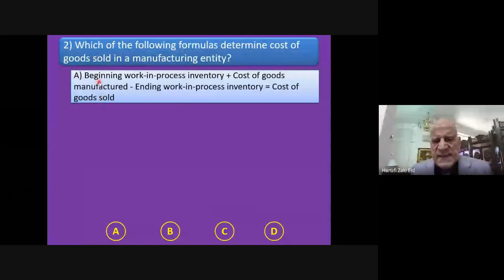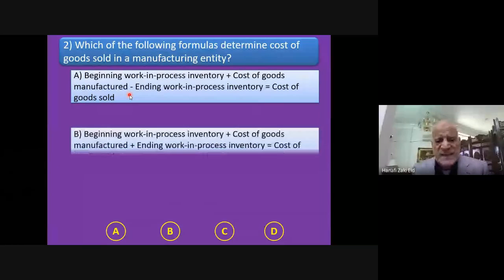Beginning work in process plus cost of goods manufactured minus ending work in process equals cost of goods sold? Of course not. Because this formula is concerned with calculating cost of goods completed, cost of finished goods, not cost of goods sold.